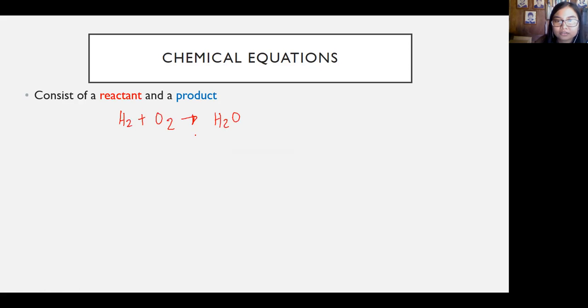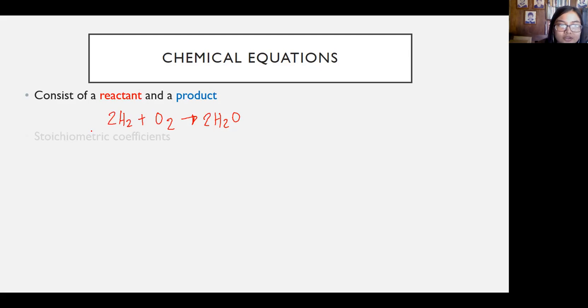To balance this out, we have to make sure that all the atoms in the reactant have the same number on the product. So dito, isa lang yung O natin, but dito dalawa. So we can put 2 here, para dalawa din oxygen natin. In this case, naging 4 naman yung hydrogen molecule natin. So we can put 2 here. So, ganun lang simple mag-balance ng equation.